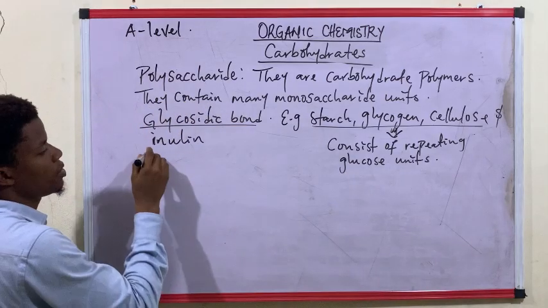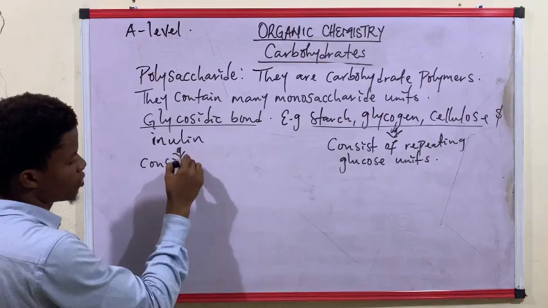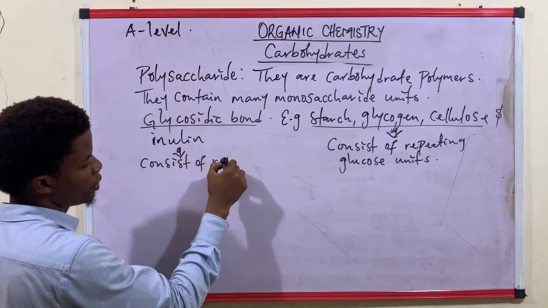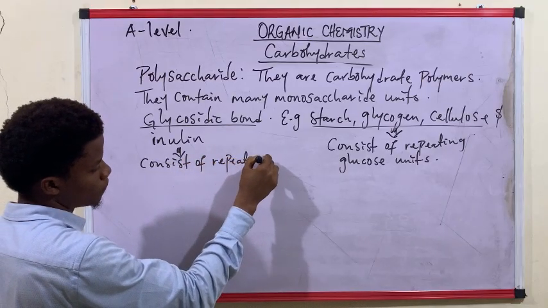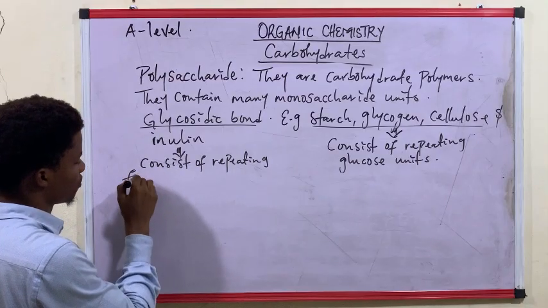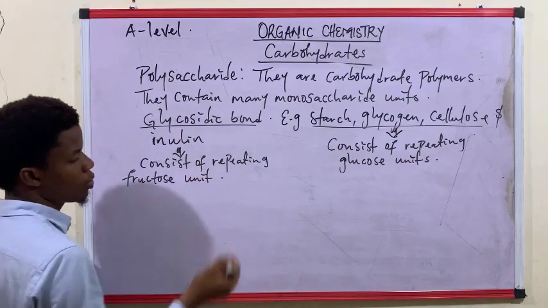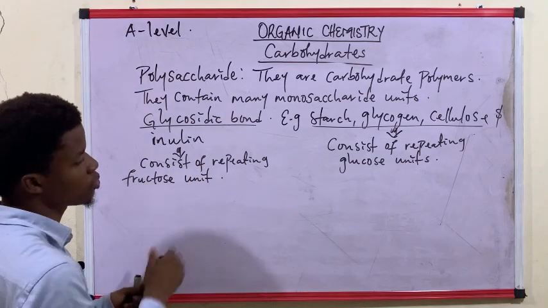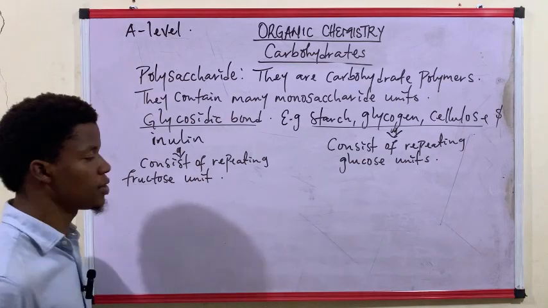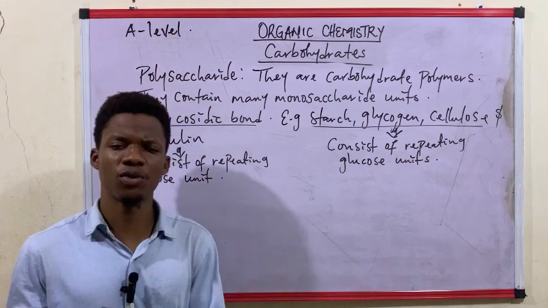Then this one, inulin, precisely consists of repeating fructose units, while this one consists of what? Repeating glucose units. Now we have been talking about glucose and fructose.